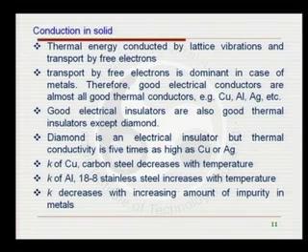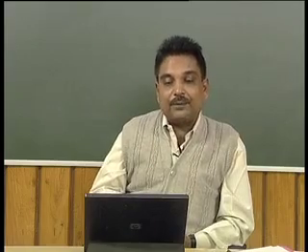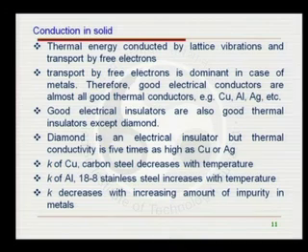Now, it is also found that solids show variations of thermal conductivity with temperature, and these are not unique. For example, copper and carbon steel are found to have decreased thermal conductivity with increased temperature, whereas aluminum and 18-8 stainless steel, 18% chromium, 8% nickel, have thermal conductivity that increases with increase in temperature.